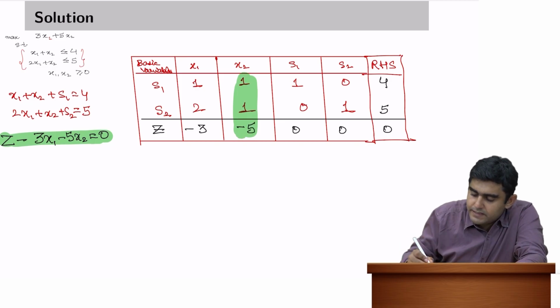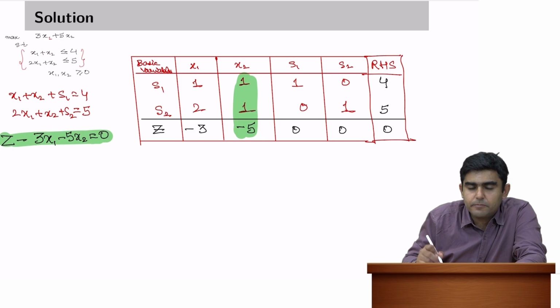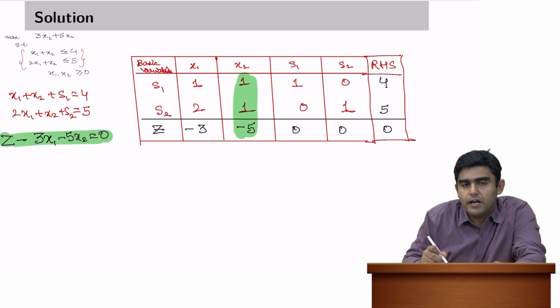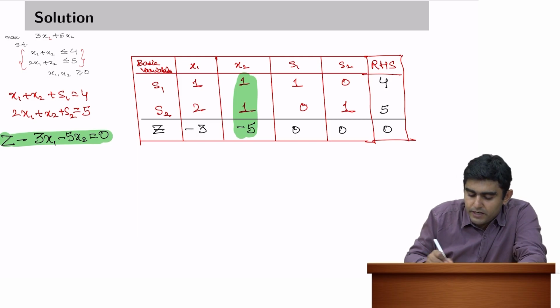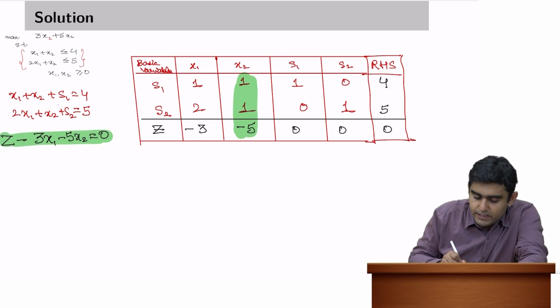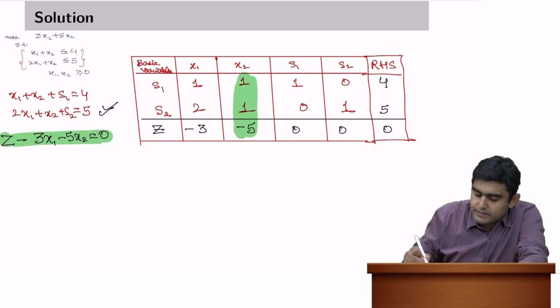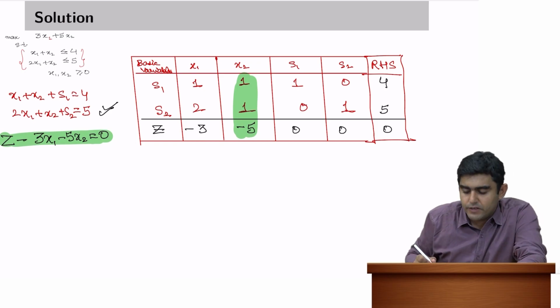To decide the exiting variable, I look at the basic variable that would reach 0 first as I start increasing x2. That will happen when x2 is 4 and s1 would be 0, while s2 would continue to have a non-zero value as I increase x2. So in this case, s1 is going to be the first variable to leave.